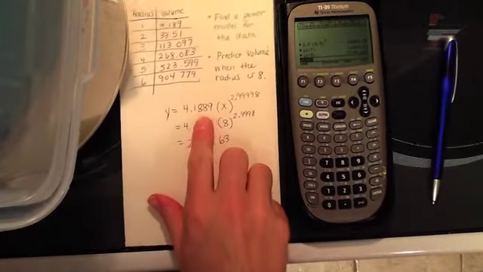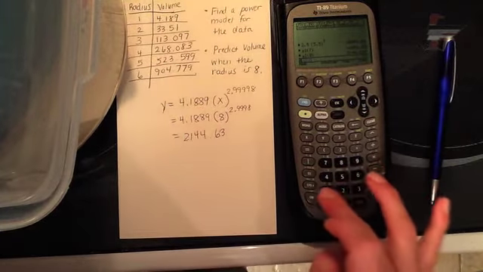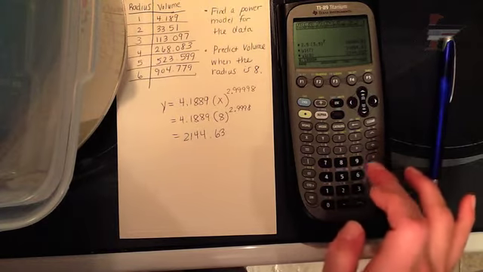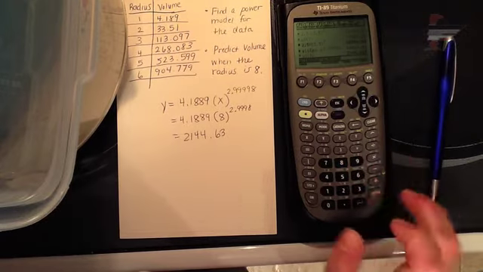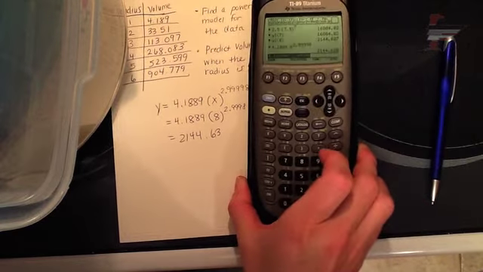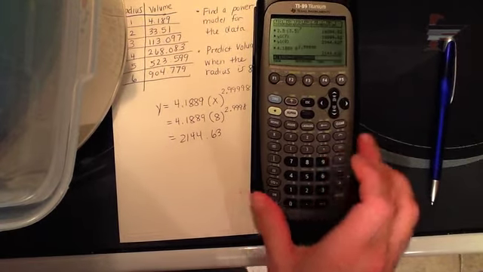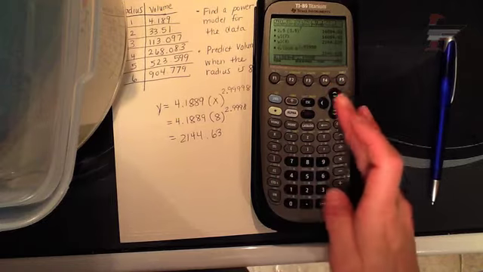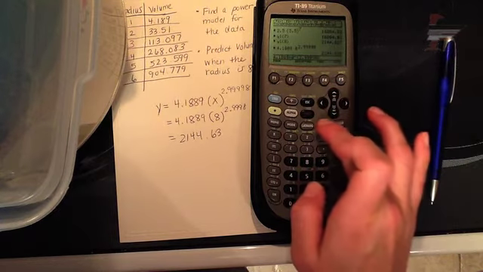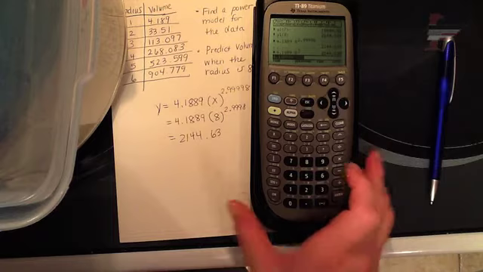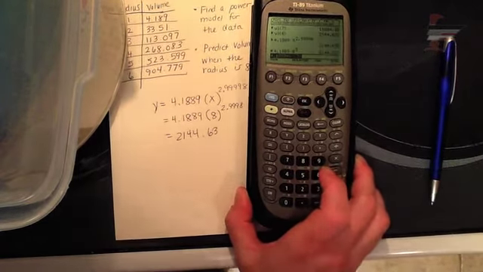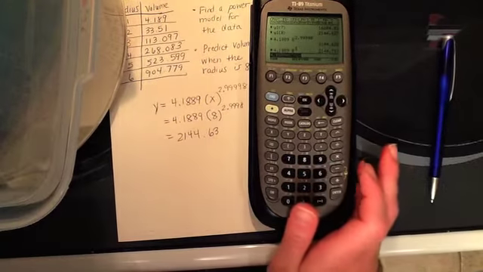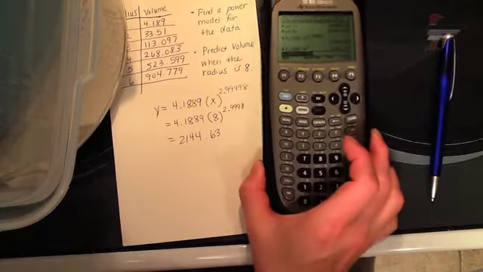And if I had typed this in, by the way, 4.1889 times 8 raised to the 2.99998, notice I get really about the same answer. Had I rounded this instead of 2.99998 maybe to 3, then it starts changing a little bit. You can see that. So depending on the problem, of course, how drastically you round, it can really make a difference in your predictions.